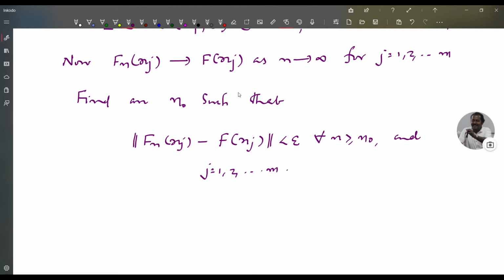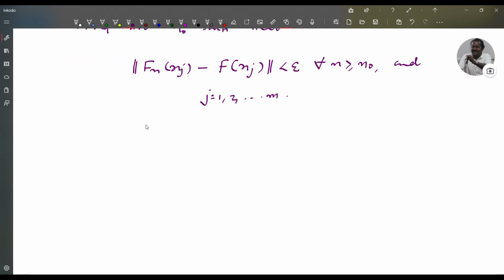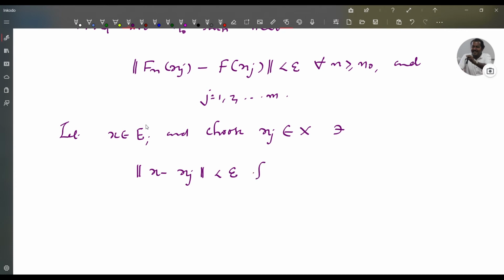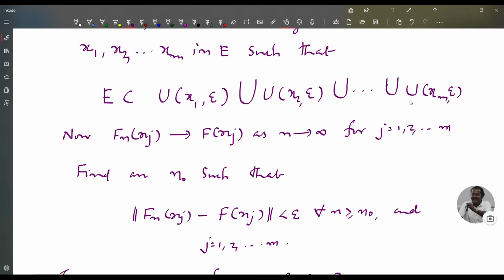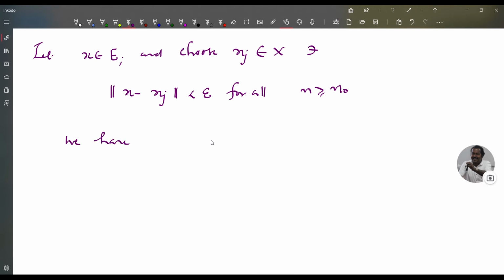So this is possible since fn(xj) converges to f(xj). Now let x belong to E and choose xj such that norm of x minus xj is less than epsilon. This choice is also possible since E is contained in the union of U(x1, epsilon), U(x2, epsilon), etc., U(xm, epsilon). So we have norm fn(x) minus f(x).